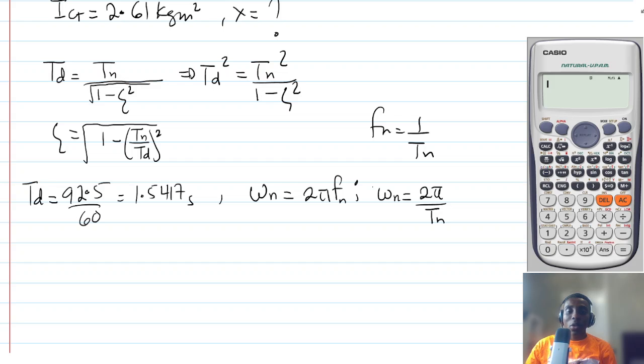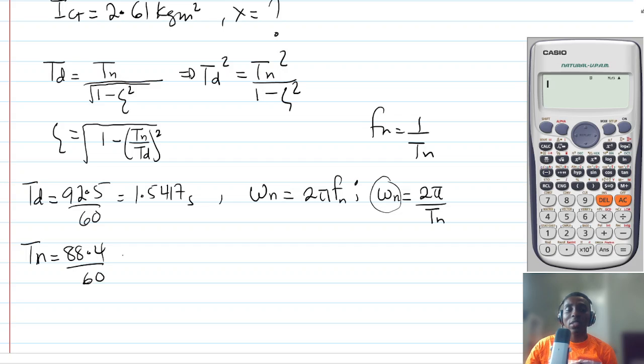But you see that you were not given all these parameters. You were not given the natural frequency in radians per second. Another way to think about it is that the other period that you calculated was 88.4 over 60, which gave you 1.4733.